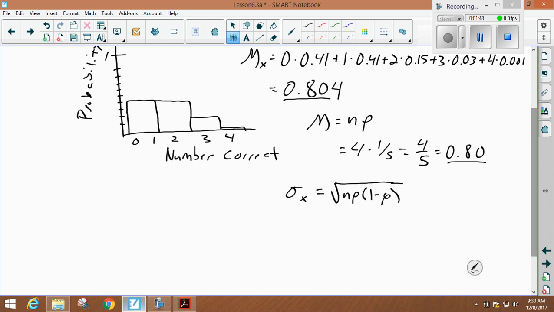So that works for a binomial distribution. Of course, the formulas that I showed you for variance and mean of any random variable work for this as well. It's just that you can get a little shorthand version of it by using those.